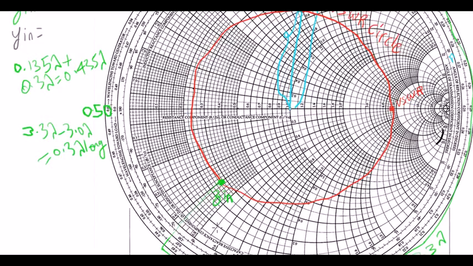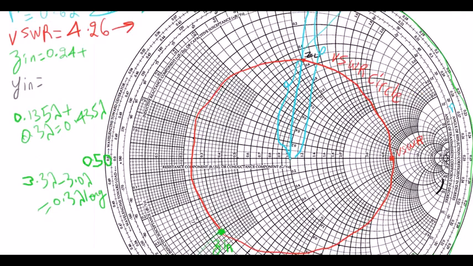But it's on the negative side of the Smith chart, so instead of a plus here, we have a minus. Minus j0.4.